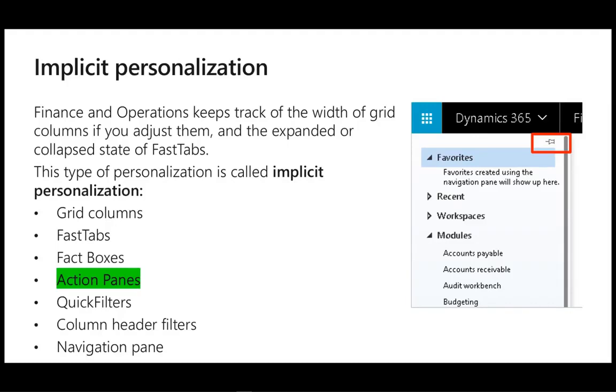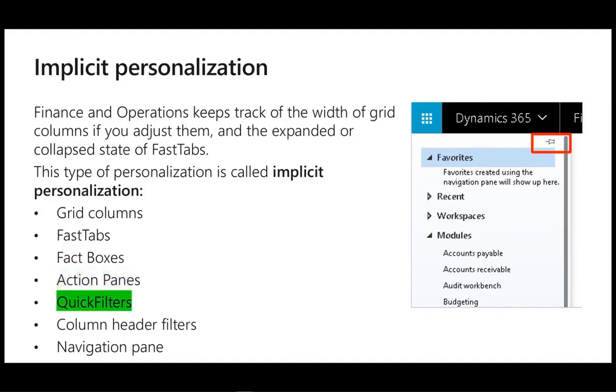Then, the next time we open the page, Dynamics 365 for Finance and Operations will restore the pinned state of the action pane. If the action pane is pinned open, Dynamics 365 for Finance and Operations will also show the tab of the action we last used.